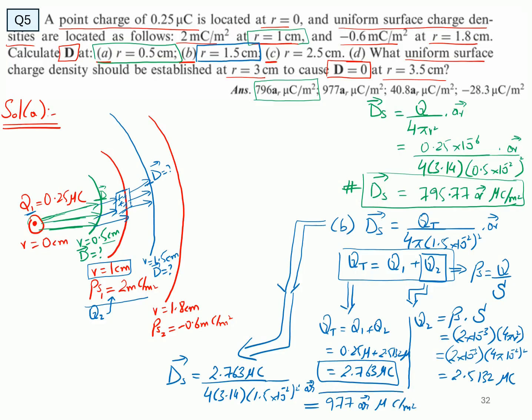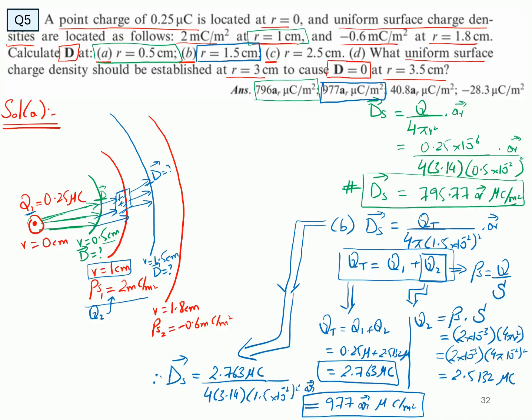This is the electric flux density we are getting for the second scenario, when the charge is lying at the radius of 1.5 centimeter, and we can confirm that the answer almost matches the provided one.